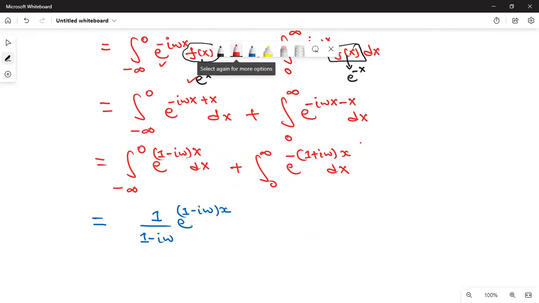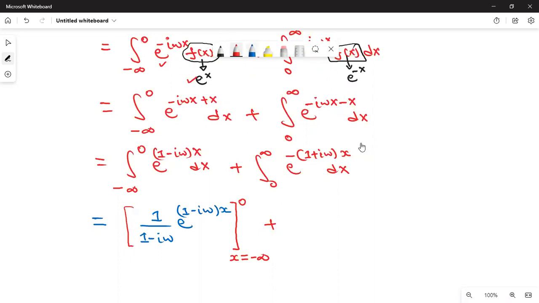Remember the limits are from negative infinity to 0, plus the other one. Remember these are improper integrals, so it's better to use the pincer method of evaluation, where you introduce limit as a approaches negative infinity, the other one is limit as b approaches positive infinity. They're still the same. The best way is to use the pincer method of evaluation.